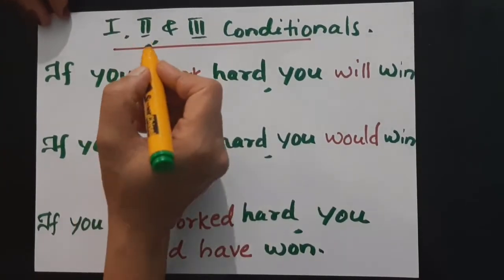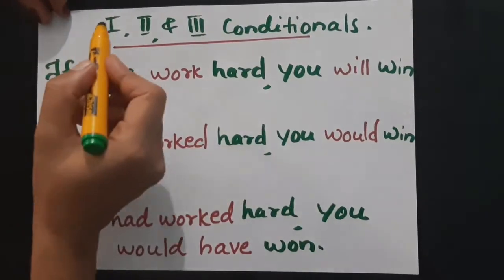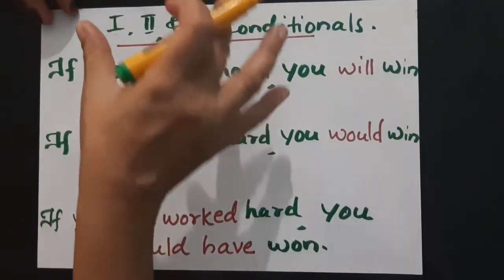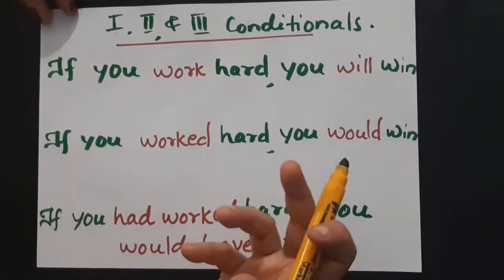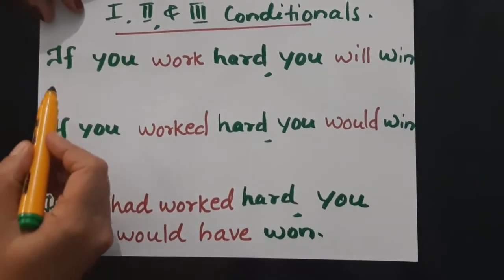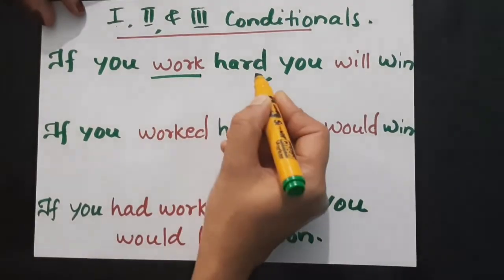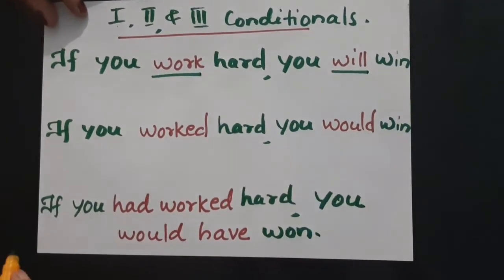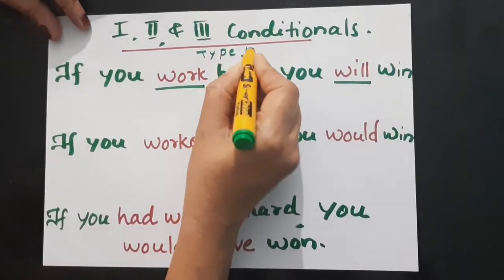Now let's have a quick revision of the points that we have discussed here. Conditionals first, second and third. All the rules are here in a nutshell and you will get all the rules at a glance. Let's see. If you work hard, you will win. That is type 1.